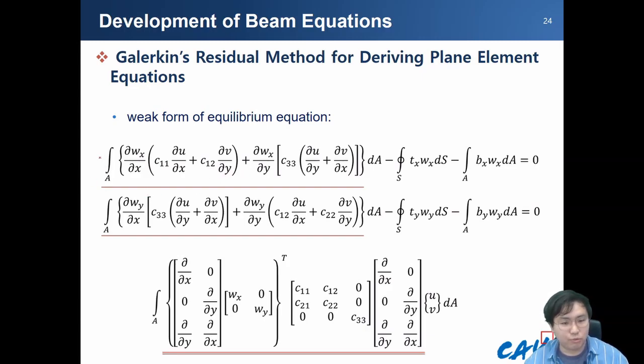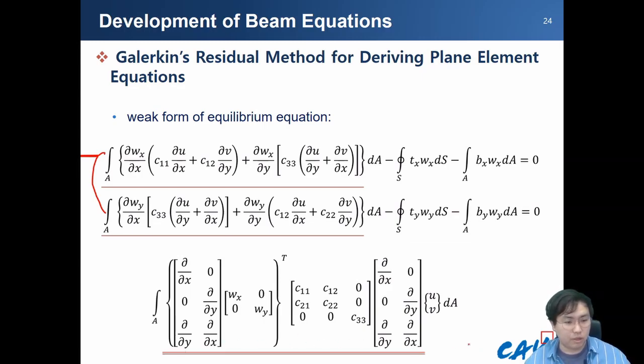First, before applying the discretized formulation, we are going to combine these two equations. These two equations you can easily combine. It is hard to obtain, but anyway, this part is a multiplication of this relationship, and wx and wy is also a multiplication of this part of the relationship.